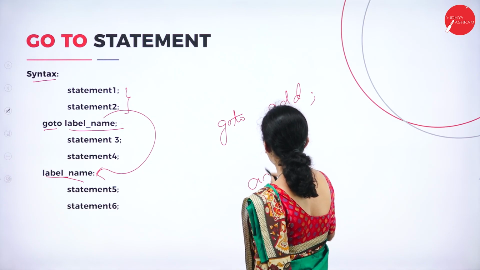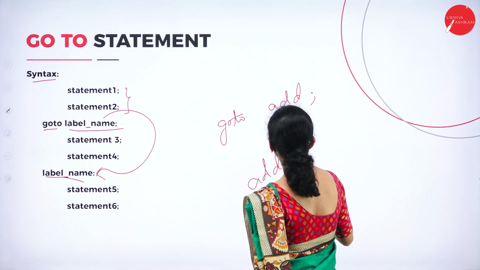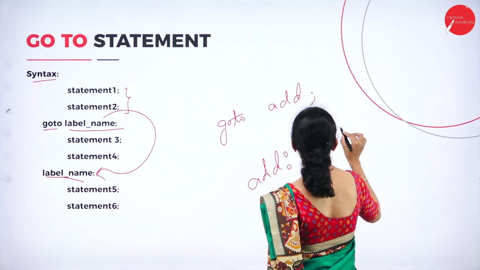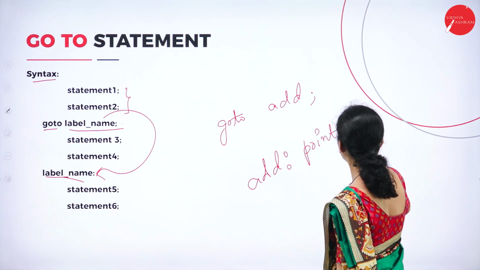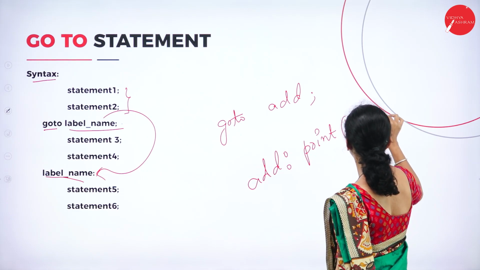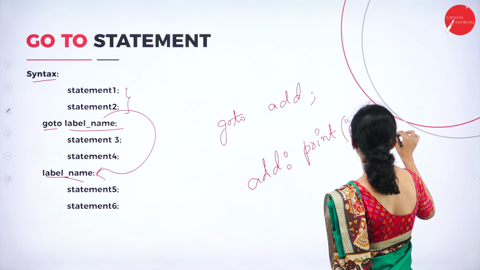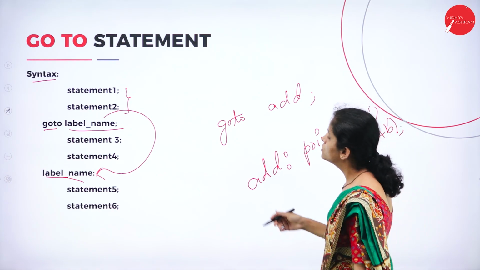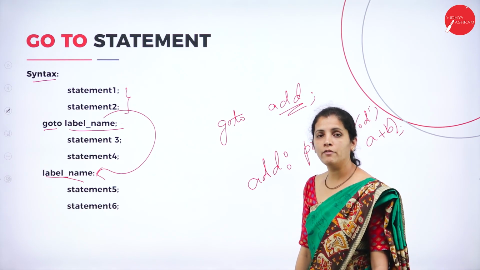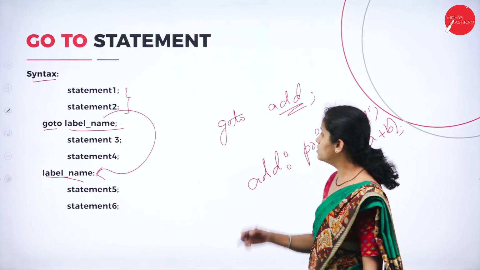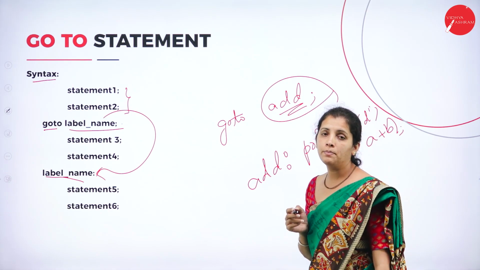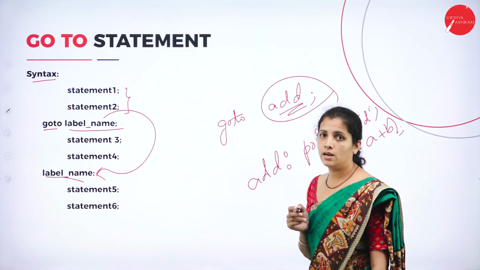Here I have the add function, and I'm going to have the statement saying print %d, A plus B. So this kind of jumping is known as absolute jump or unconditional jump.